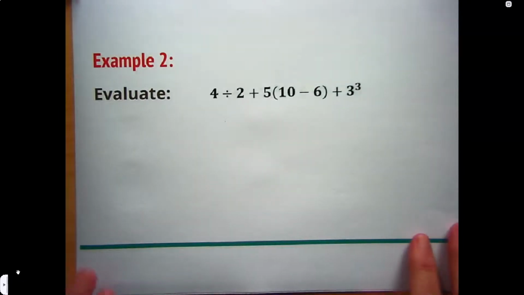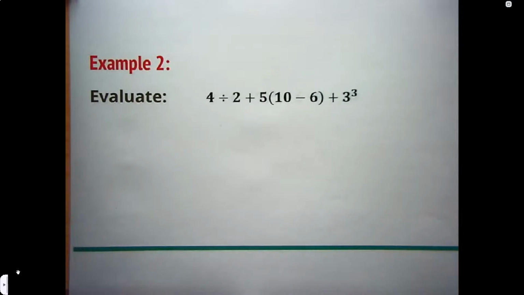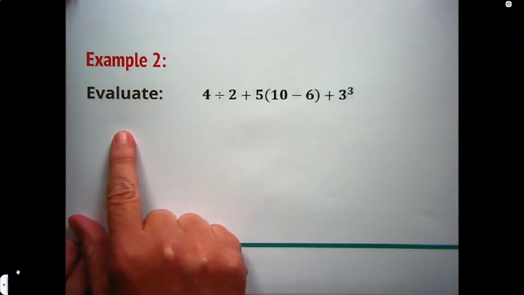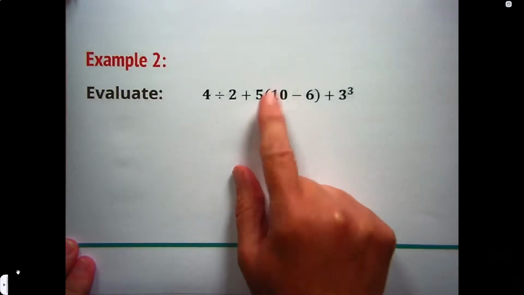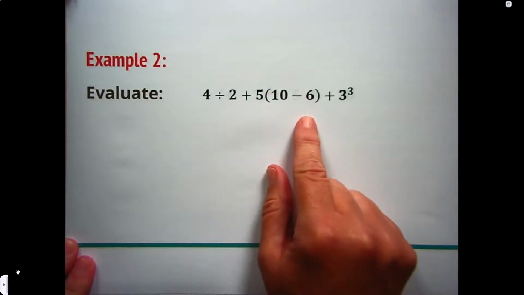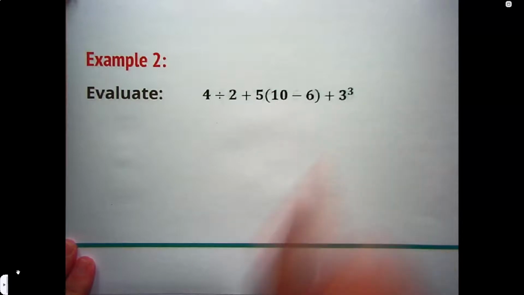All right, let's come over here and look at this one. We're going to evaluate, find the value of 4 divided by 2 plus 5 times, in parentheses, 10 minus 6, plus 3 to the third power.